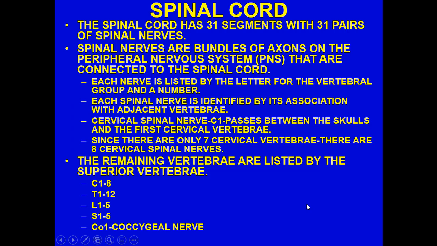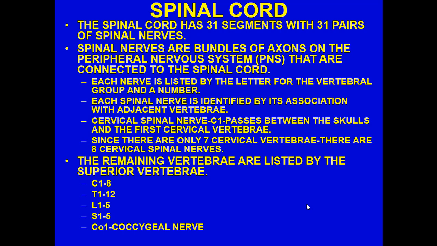The spinal cord has 31 segments with 31 pairs of spinal nerves. Spinal nerves are bundles of axons in the peripheral nervous system, the PNS, that are connected to the spinal cord. Now, several very important points here. Each nerve is listed by the letter for the vertebral group and a number. Each spinal nerve is identified by its association with adjacent vertebrae.